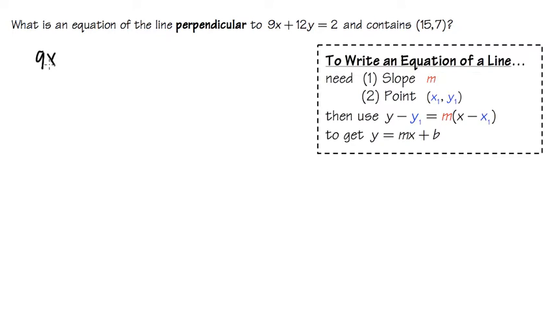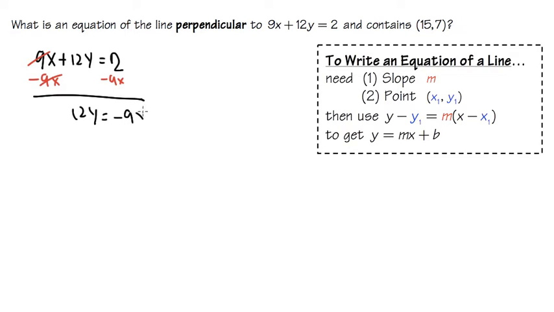Let me write down 9x plus 12y is equal to 2. And then what we'll do, as usual, is minus 9x on both sides, so they cancel. And then we will have 12y equals negative 9x plus 2. And then we will divide everything by 12.